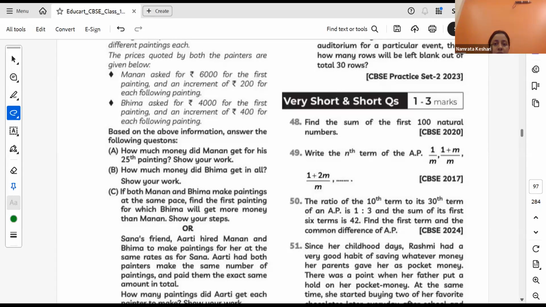Yes, ma'am. Okay. Sum of first 100 natural numbers. Have you used the sum formula of an AP, or have you used this formula, n into n plus 1 by 2?